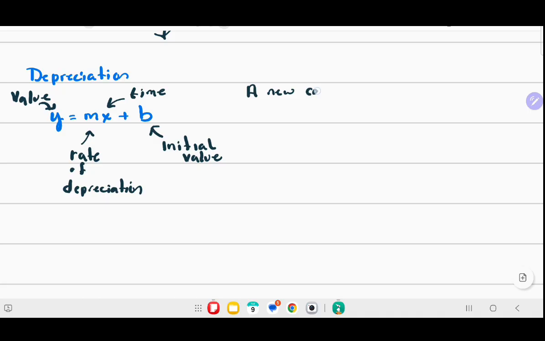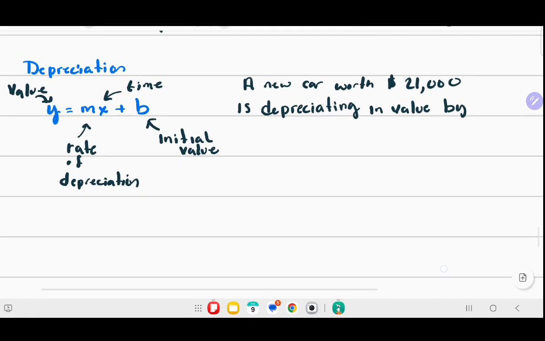A new car worth $21,000 is depreciating by $3,000 per year.